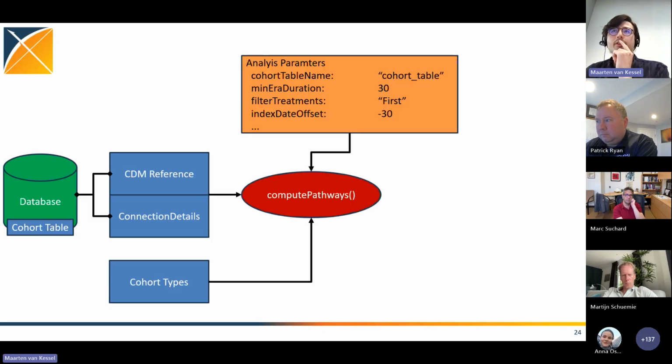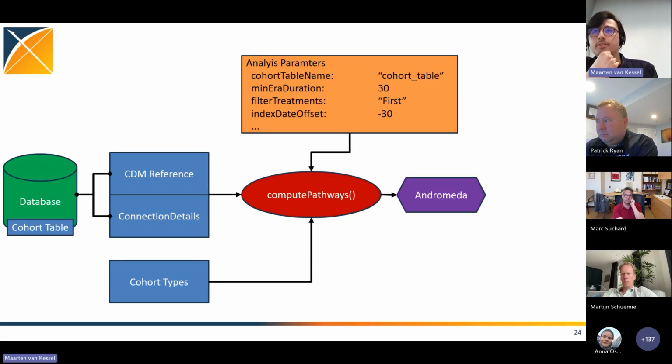We then supply those to the computePathways function with a set of parameters, some of which we've looked at. And this generates an output Andromeda object, which houses patient level data. So if you need to do any verification of a specific patient, this is where you would do that.